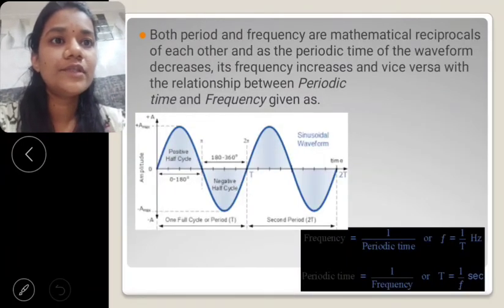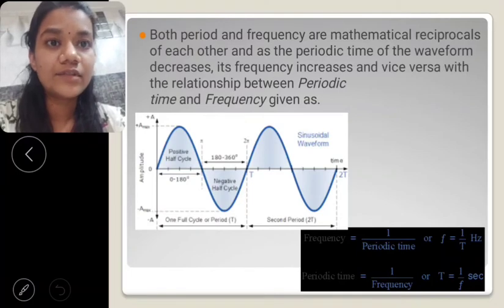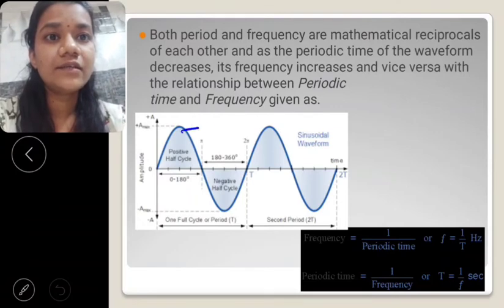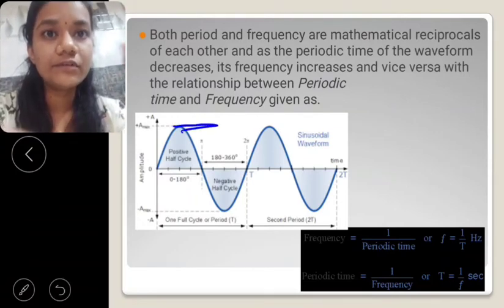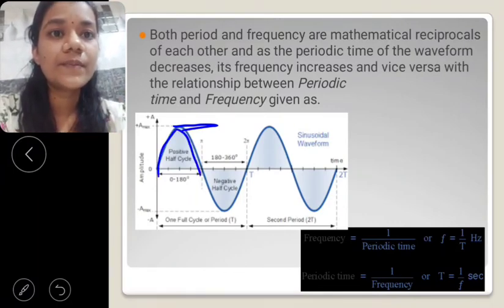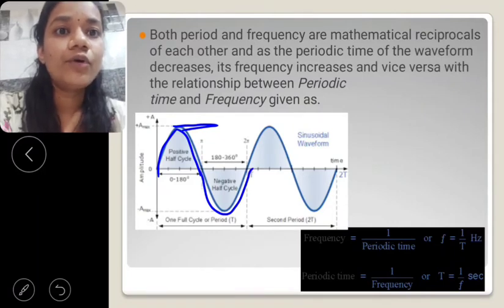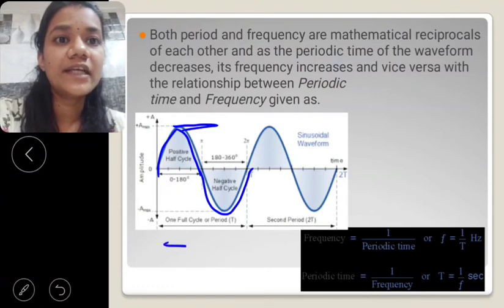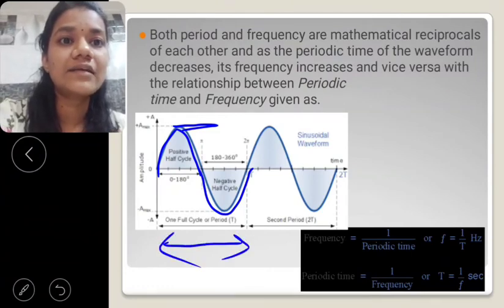So this is also the image of a sinusoidal signal, that is a continuous signal. If you go through the image, we can see the amplitude, or we can say the maximum amplitude. Then the upper cycle is your positive half cycle, and this is your negative half cycle. To complete one positive and one negative half cycle, we say it is one full cycle.